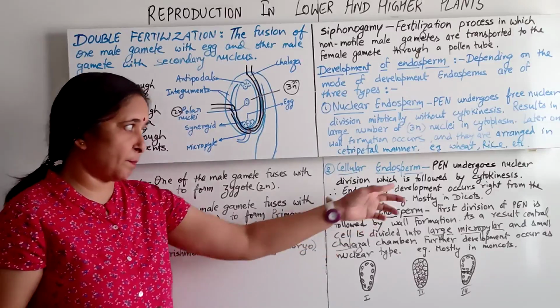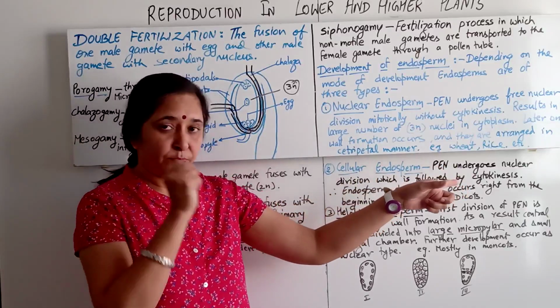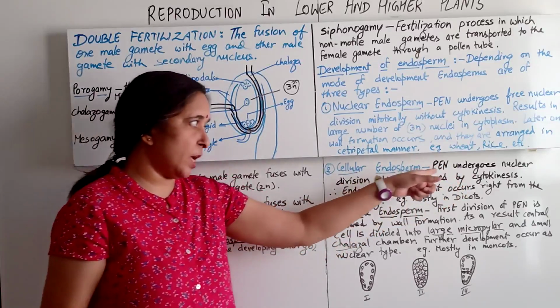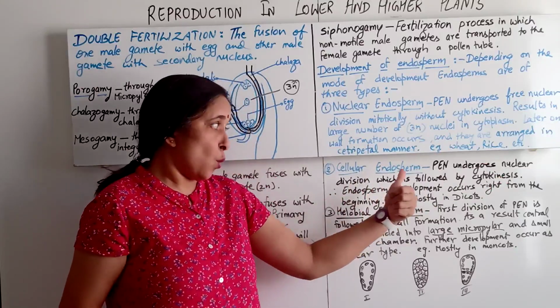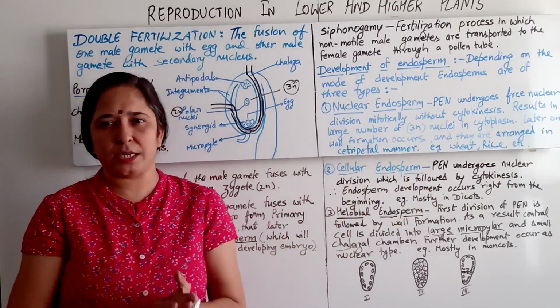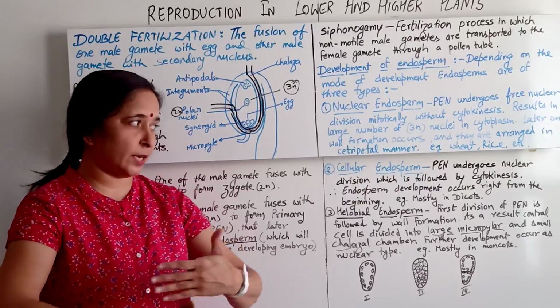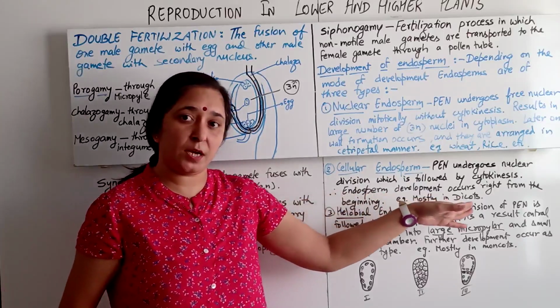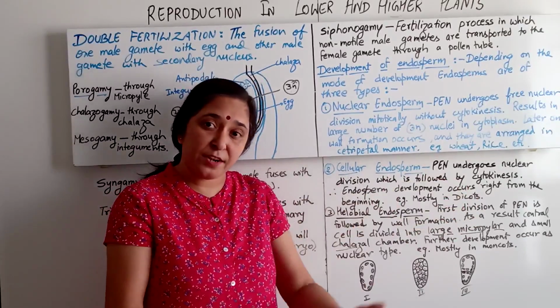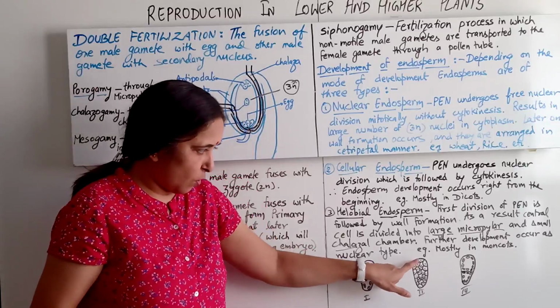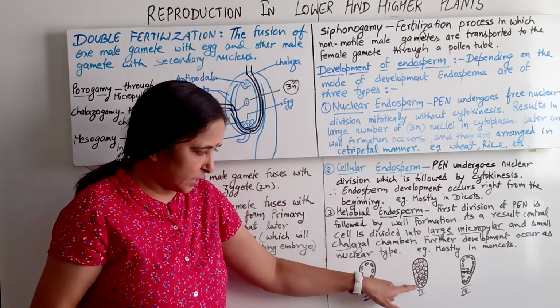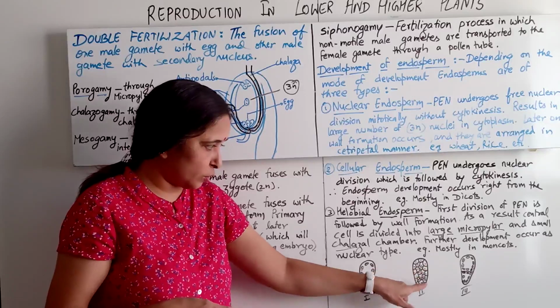Next is the cellular endosperm. Here in this case, what happens? The triploid primary endosperm nucleus undergoes nuclear division, which is followed by cytokinesis continuously. Karyokinesis, then cytokinesis, right from the beginning. You can see all the nuclei, and around the cytoplasm the cytokinesis wall is also there.